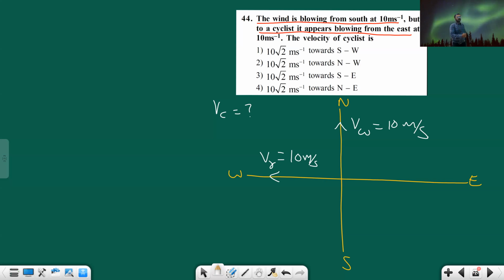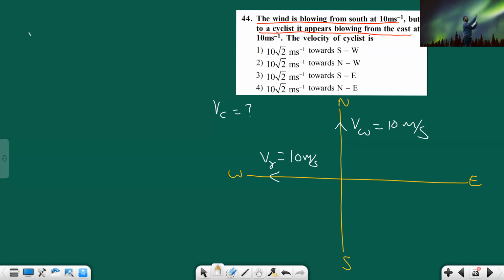But the wind is blowing north, and to the cyclist it is appearing towards west, which means the cyclist is not at rest. The cyclist is moving with some velocity in some particular direction, which we don't know. For that purpose, we know one thing: it appears, that is called relative velocity.